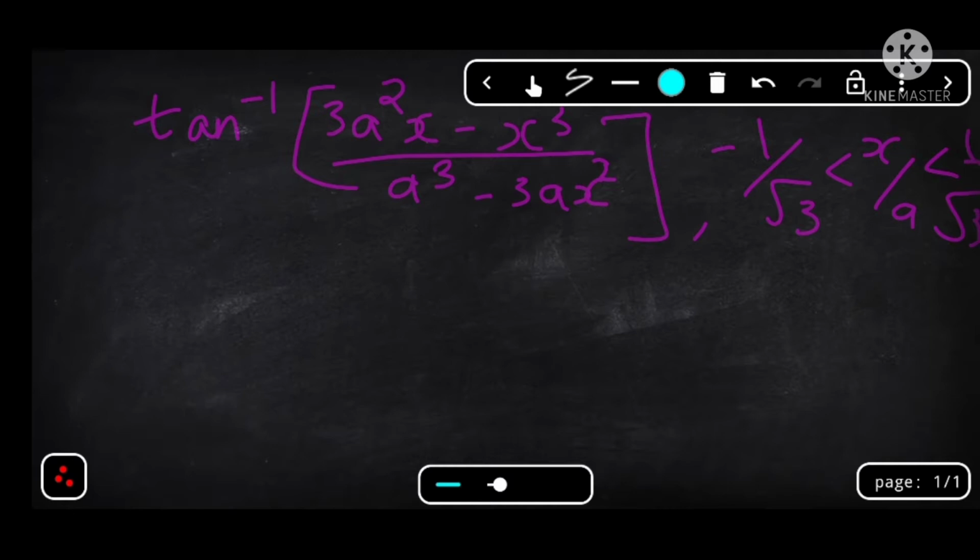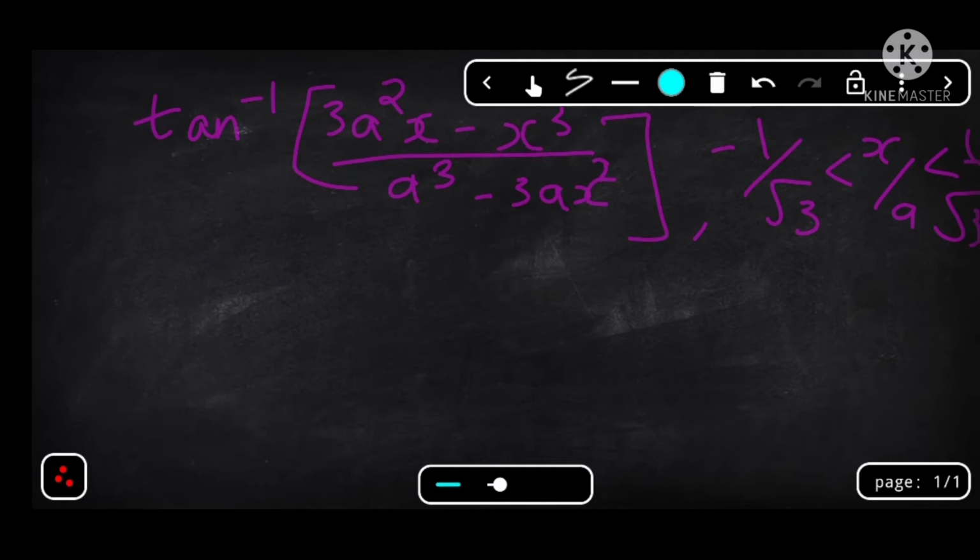Okay, so let's begin this problem. We are continuing with the continuity and differentiation chapter. So tan inverse of (3a square x minus x cube) divided by (a cube minus 3a x square), with the limit minus 1 by root 3 less than x by a less than 1 by root 3.